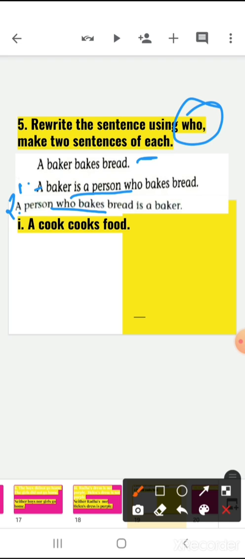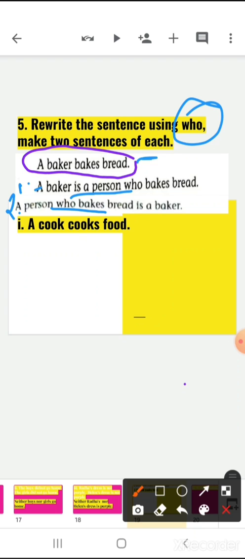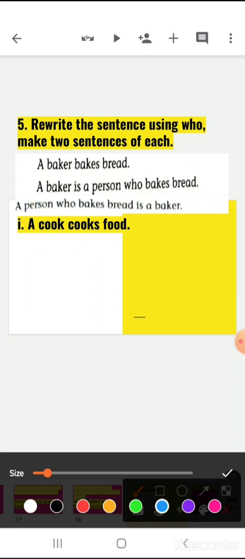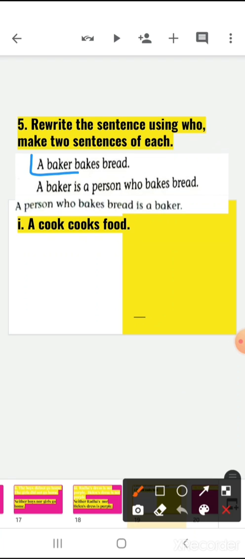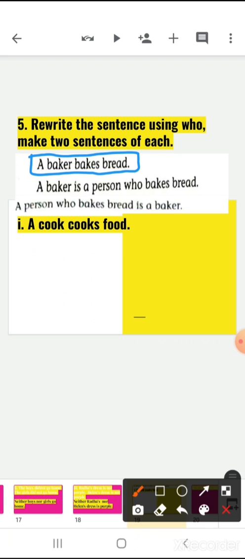See, one question is given to you. A baker bakes bread. Okay, and now they told us to use who. A baker is a person who bakes bread.